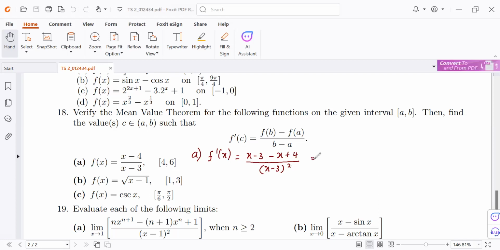So this means that we'll have 1 over x minus 3 squared. So let's get f of b. B is 6. So we'll get 2 over 3. And then f of a, a is 4. That would be 0. And then b minus a is 6 minus 4, which is 2.